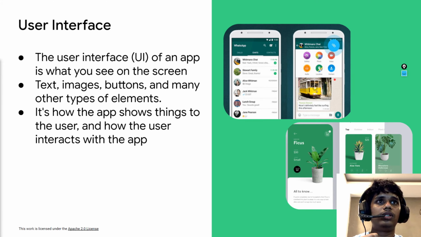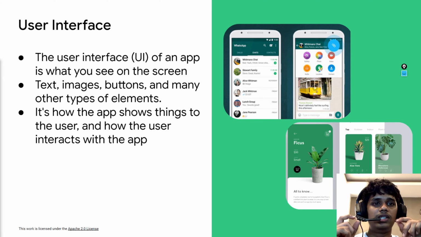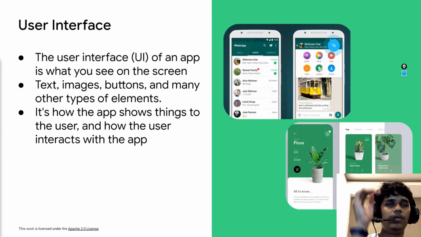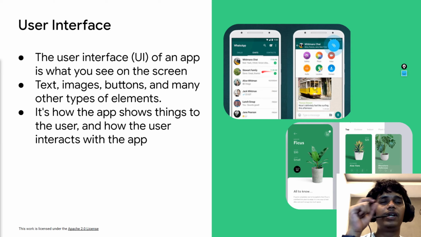So let us say that you need to create a basic app. While you're creating a basic app, the UI should be very fluent. Imagine if WhatsApp, instead of showing the chats in a horizontal way, showed them in a vertical way. It would be difficult for the user, because it would be hard to find the chat name too.